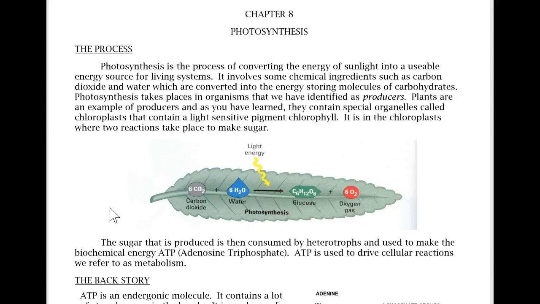There are two reactions that happen inside of the chloroplast: light-dependent reactions and light-independent reactions. Just like it sounds, one reaction is going to require energy from sunlight to happen, and the other reaction is not going to use sunlight, but it's going to use something else.